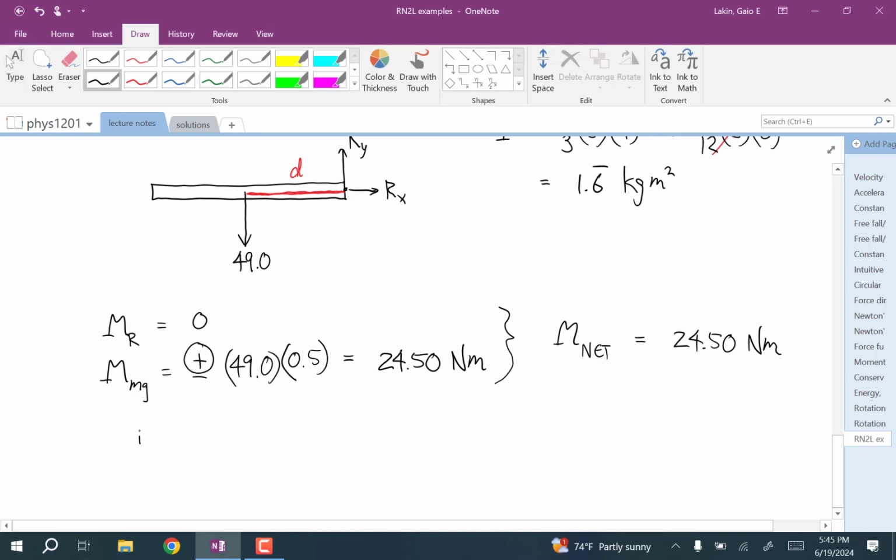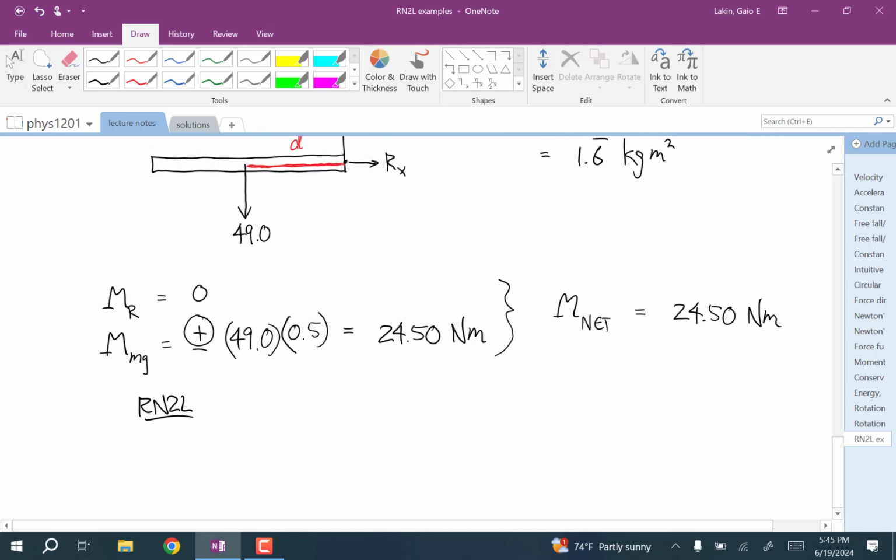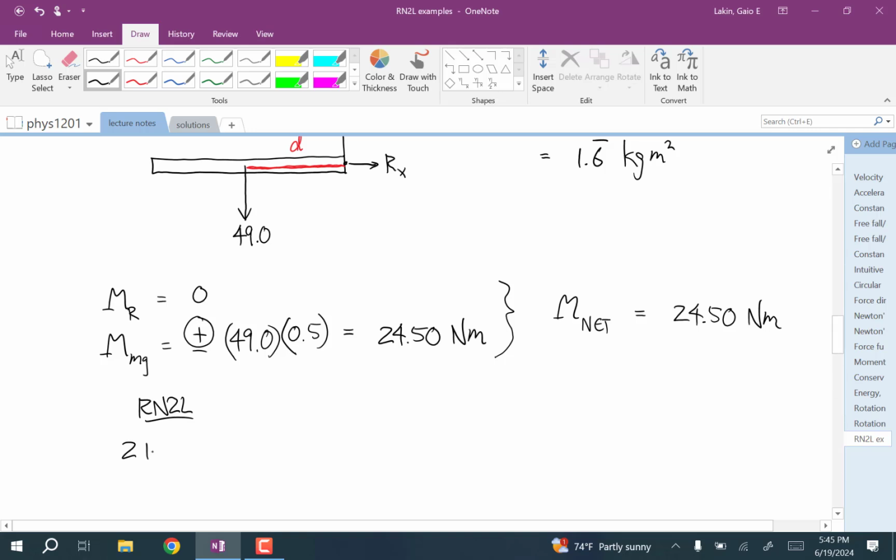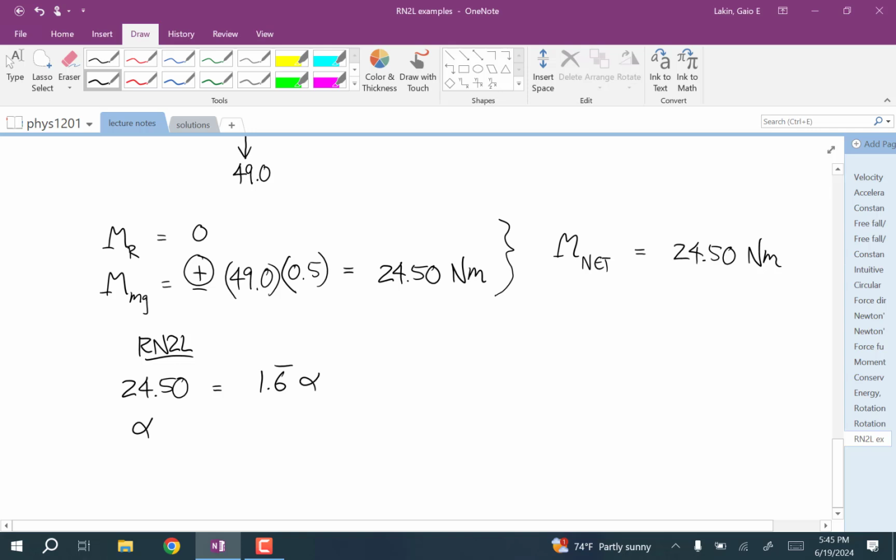Now we can put these into rotational Newton's second law, which says 24.5 is equal to 1.6 repeating times alpha. So alpha is equal to 14.7, and this is radians per second squared.